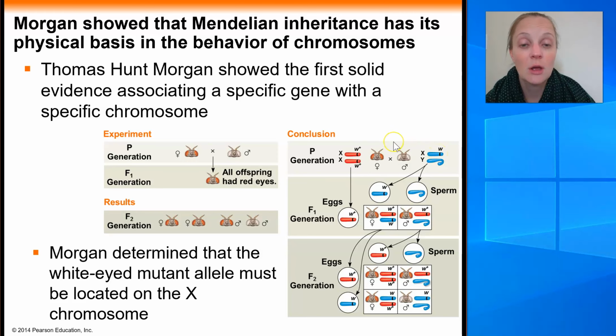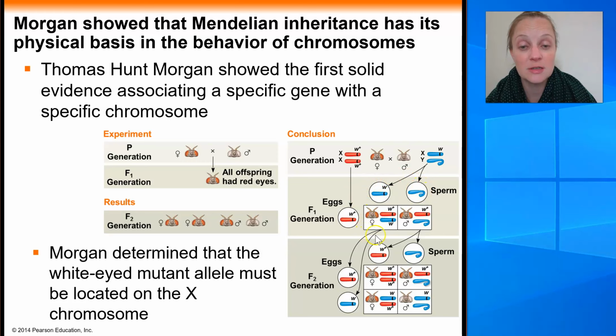All right, so now the female and the male would make their gametes. All of the gametes in the female only have the red-eyed allele to give, so all of her eggs would have an X chromosome with that one dominant red-eyed allele. For the male, 50% of the sperm will get the X chromosome, 50% will get the Y chromosome, and you see that here.